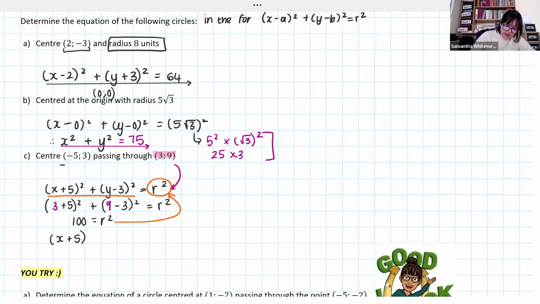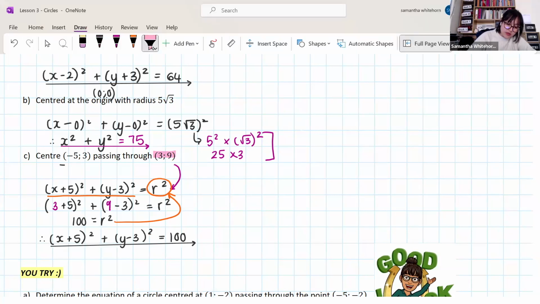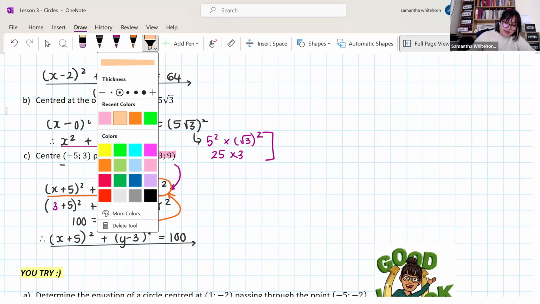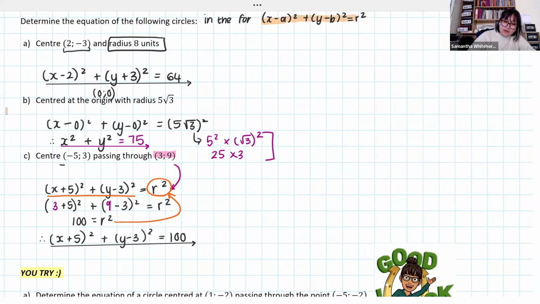So now I know I've got x plus 5 squared plus y minus 3 squared is equal to 100. Because again, the equation that I'm substituting into is x minus a squared plus y minus b squared equals r squared.